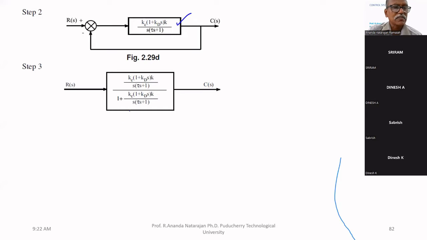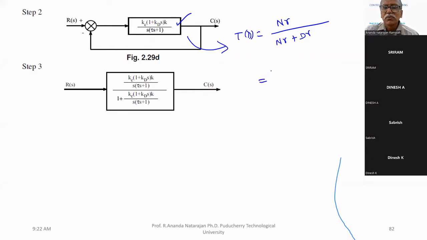Forward path transfer function. What is the closed loop transfer function for this? Closed loop unity feedback system. That's why we can write the closed loop transfer function T of s equal to numerator upon numerator plus denominator.